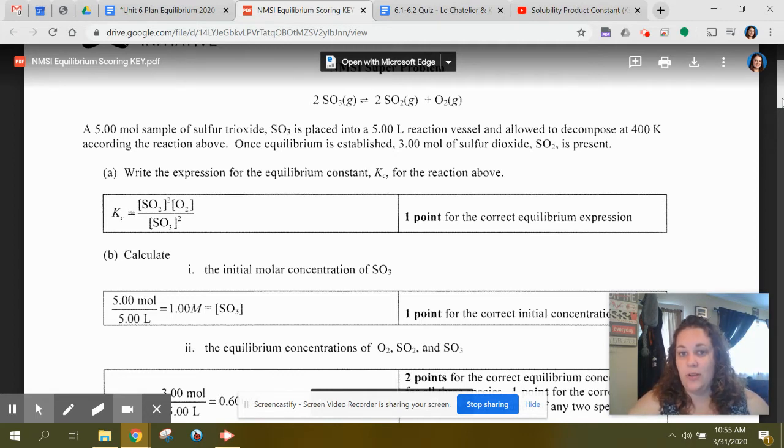So we know at equilibrium, the SO2 is 0.6 molar. And that's equal to 2x. So then we know that our x has to be 0.6 divided by 2, which is 0.3. So x is 0.3 molar.